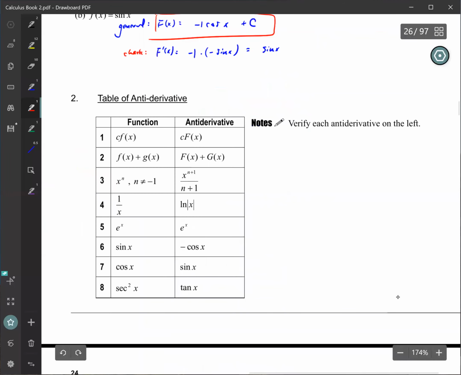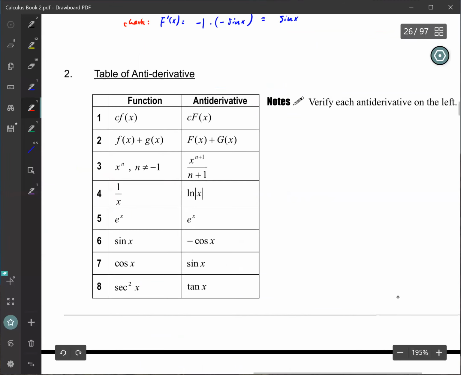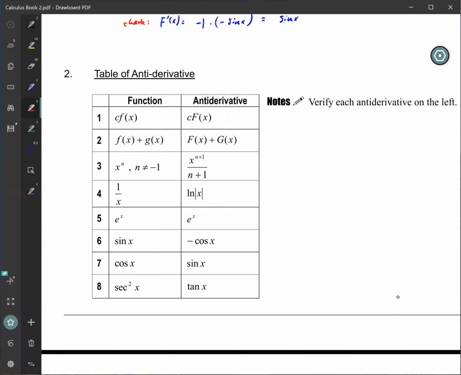Okay, so here is a table of antiderivative, but this is not a new thing. This is something new because it's the backwards of derivative, right? Look at the right-hand side, the antiderivative.